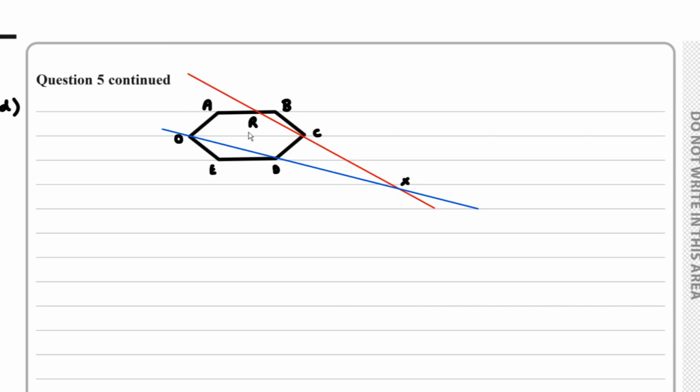We've got the line shown in red and the line shown in blue, which meet at the point X. Now, there's two ways of going from O to X. We can go O to A to R, and then R to X. Or we can go from O to D, and then D to X.